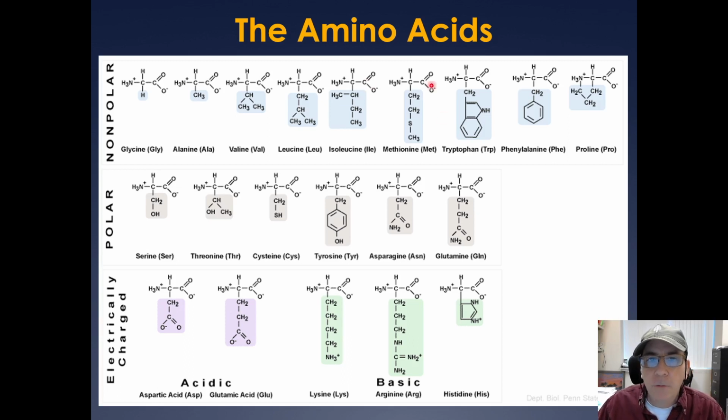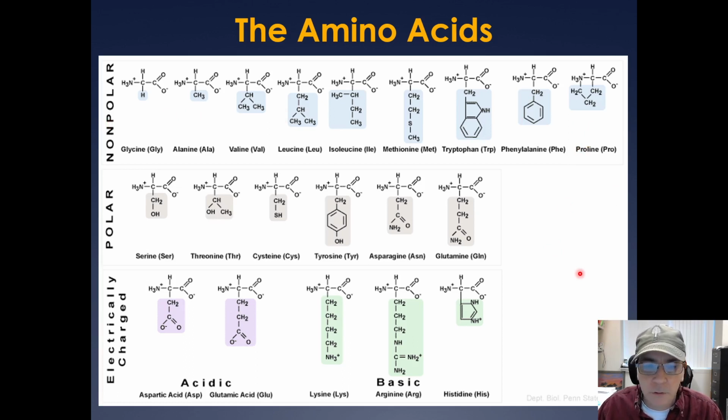Last time we went over the amino acids. Here they all are. You have your nonpolar amino acids, your polar amino acids, and then your acidic and your basic. Once again, I encourage you all to memorize these. I won't necessarily test you on any specifics of them, but they're a good thing to know.